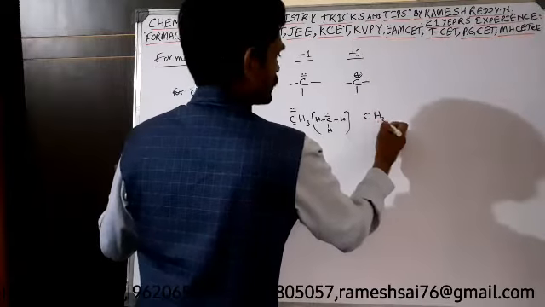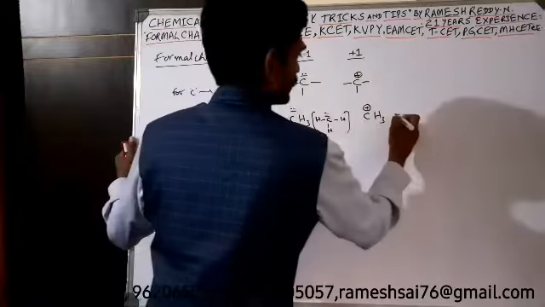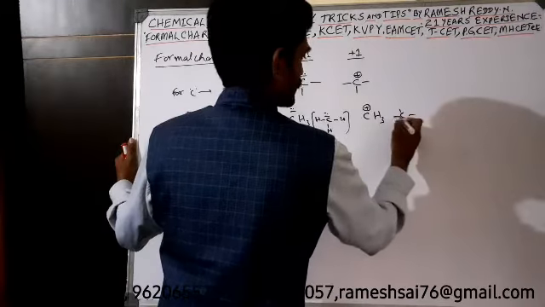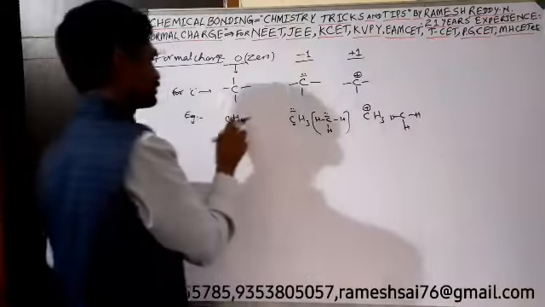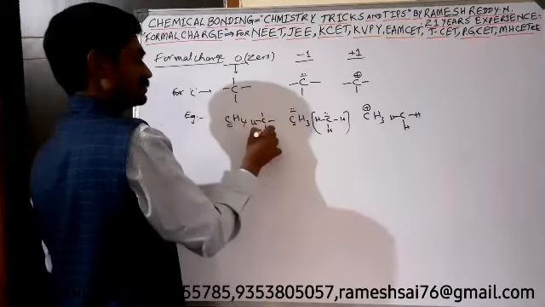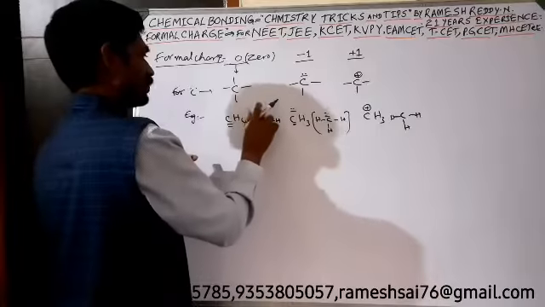Next, CH3 plus, methyl carbocation. Here the carbon is bonded with 3 hydrogens and it lost one of the covalent bonds. It lost this one covalent bond, right?